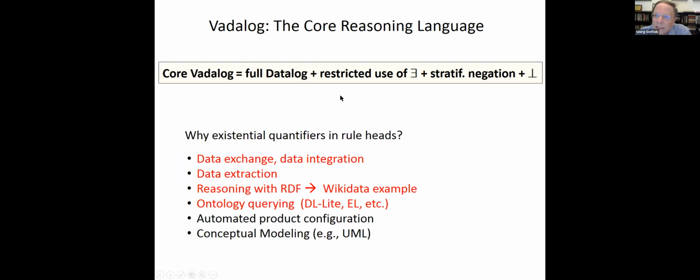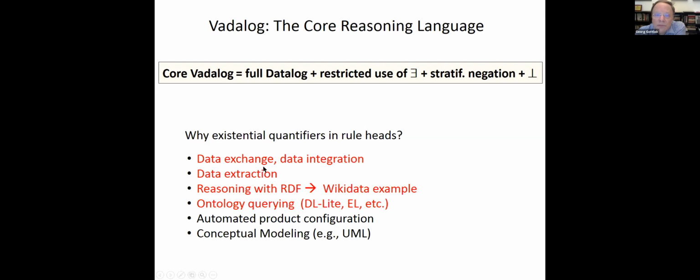We already have seen a Datalog clause, that was this marriage clause, plus a restricted form of existential quantification in rule heads, and stratified negation. So a type of negation where we can say, if this is not true, and this other thing is true, then conclude that. And so why do we have existential quantifiers in rule heads, in addition to Datalog?